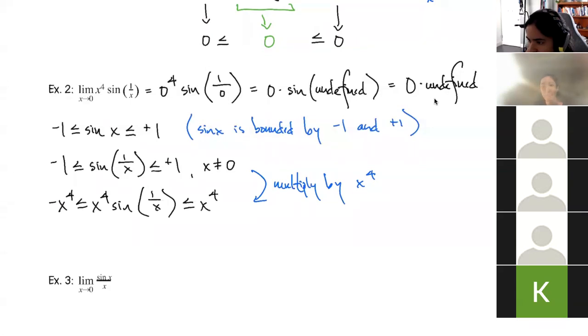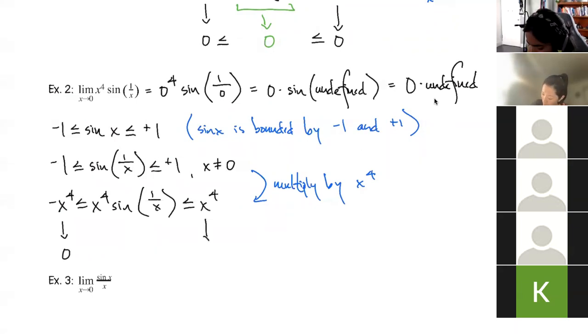Yeah, now we try our substitution again, right? The whole point of constructing this function using the squeeze theorem is that we want to try and plug in 0. And when we plugged in 0 in the beginning, it gave us 0 times undefined. So let's try plugging in 0 now. If we plug in 0 in the bottom function, -0 to the 4th will give me 0.